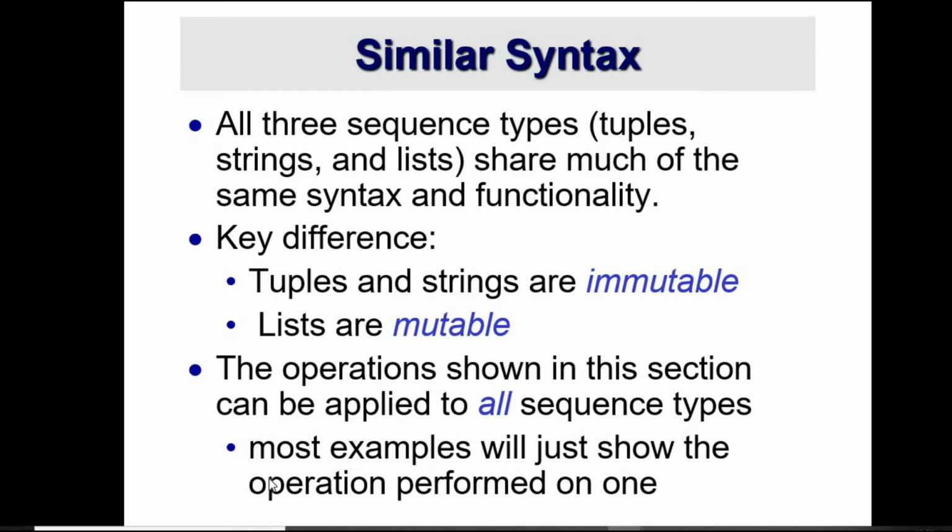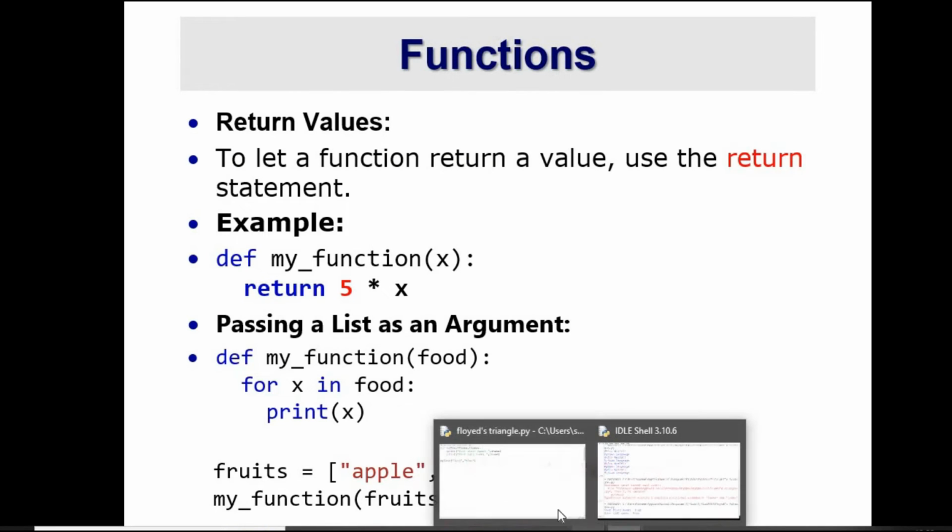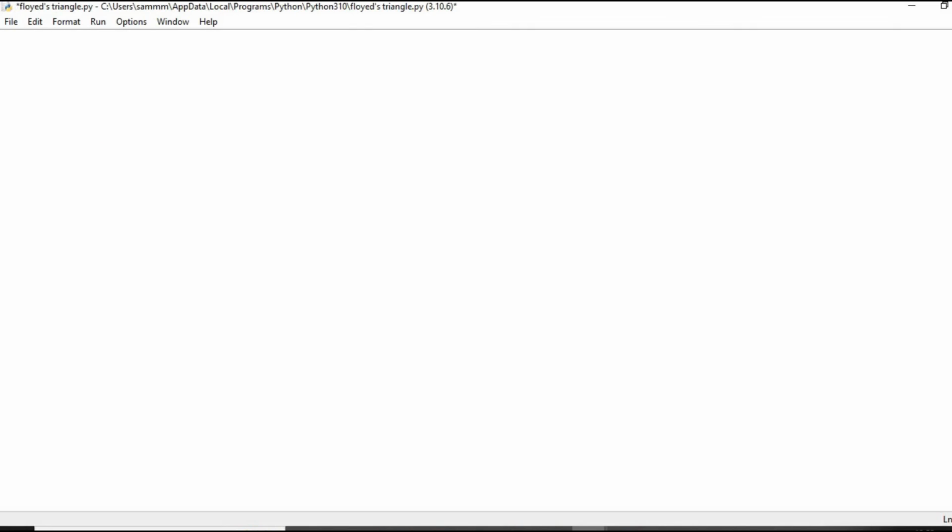This is a very interesting example, so let's do an example of a return function. Just remove this. def myfunc, and I'm giving here an argument which is x, and then the return statement. This is a keyword, as you can see here, and 5 multiplied by x.